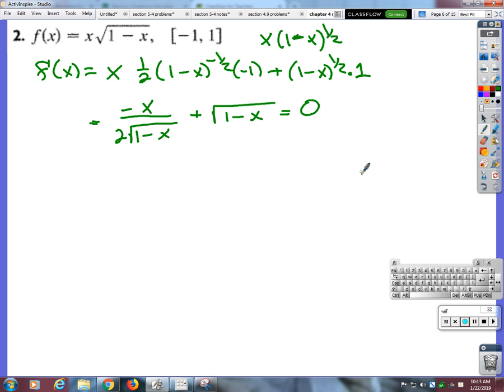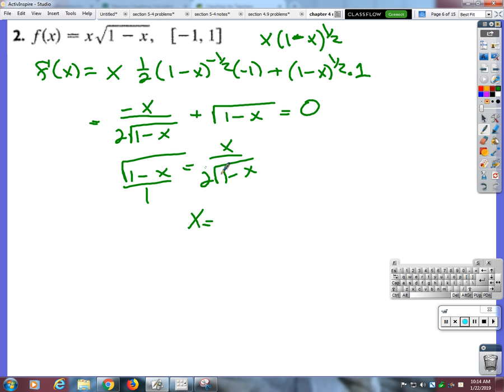Since I could really move either one of these to the other side, but since this has a negative here, I'm going to move that over there because it's going to be a little bit easier. How do you feel about that? And then I'm going to pretend that this is a fraction and cross multiply. Yep, exactly. So cross multiplying this way is simple. That's just x.